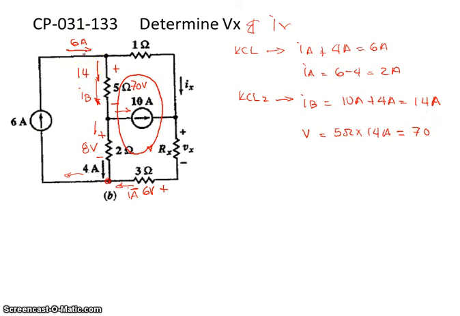So applying Kirchhoff's current law to that branch, since this is going to go this way, 6 amps, and this is going to be 14, the only way that this is going to be 14 is that I'm going to have actually 8 amps adding into this node to give us 14.